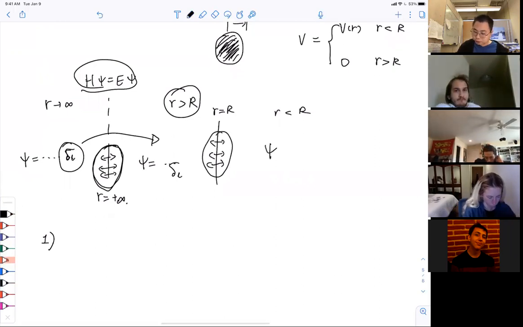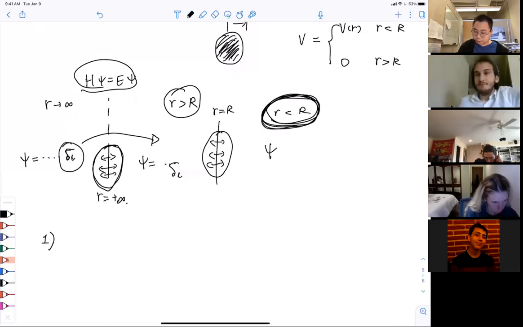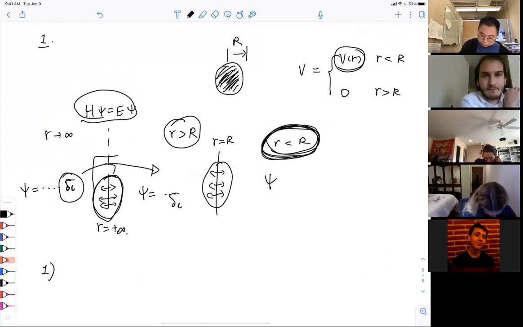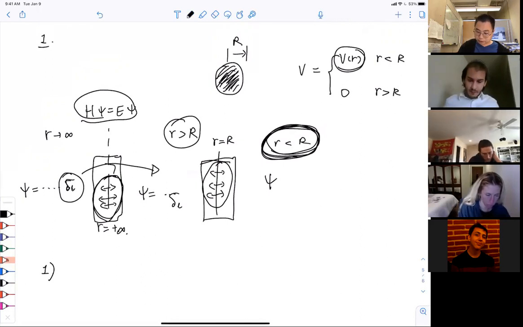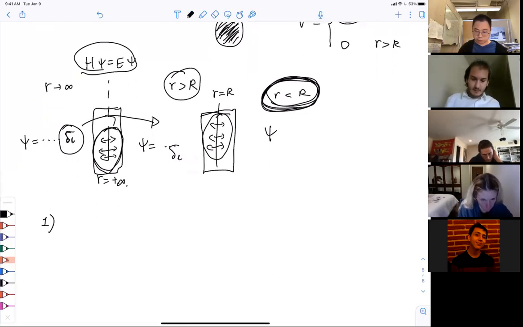By the way, to get the solution in the r smaller than capital R regime, we need to specify the form of the potential. So we do this boundary match first, and then the boundary match at r equal to capital R. That's how we usually approach this problem.